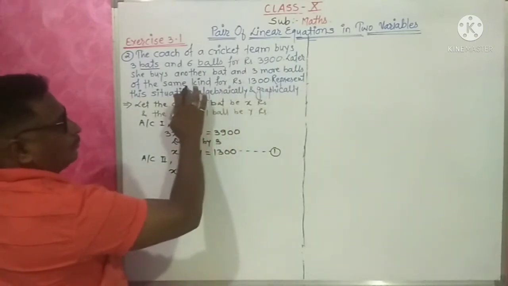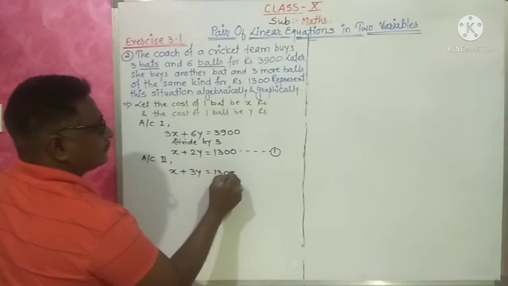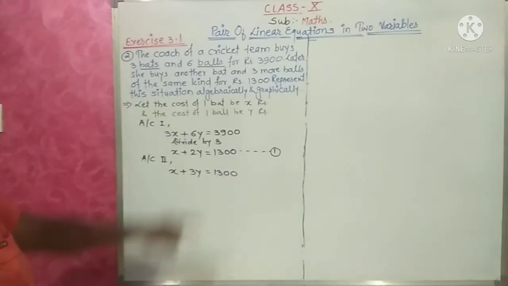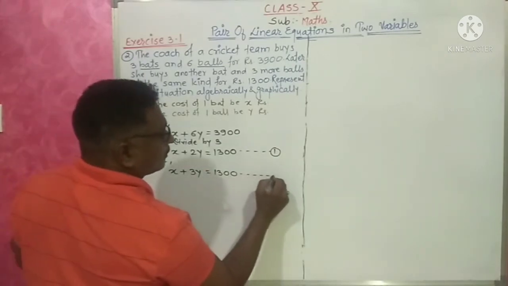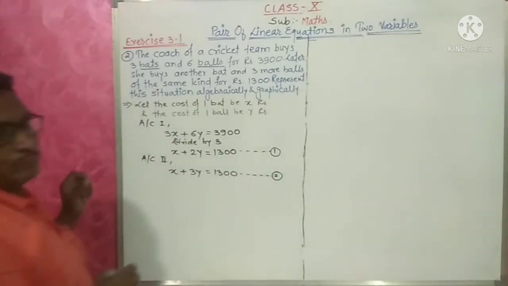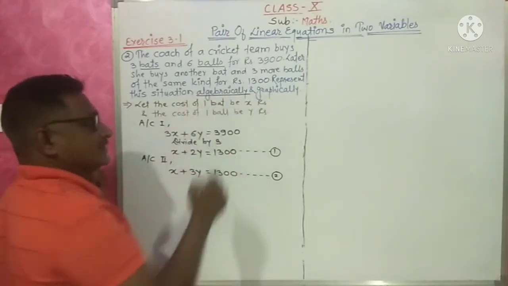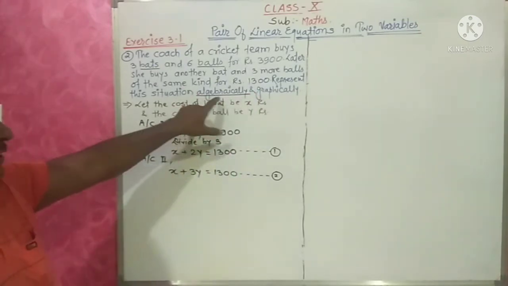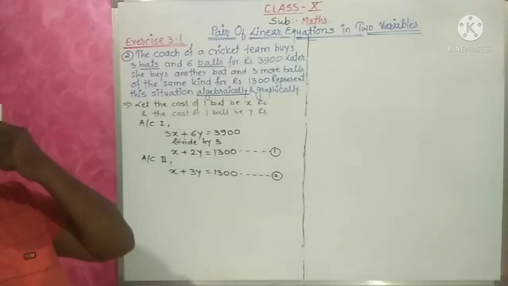How much amount did she pay? 1300 rupees. Got it? So this is equation number 2. This is the algebraic representation.